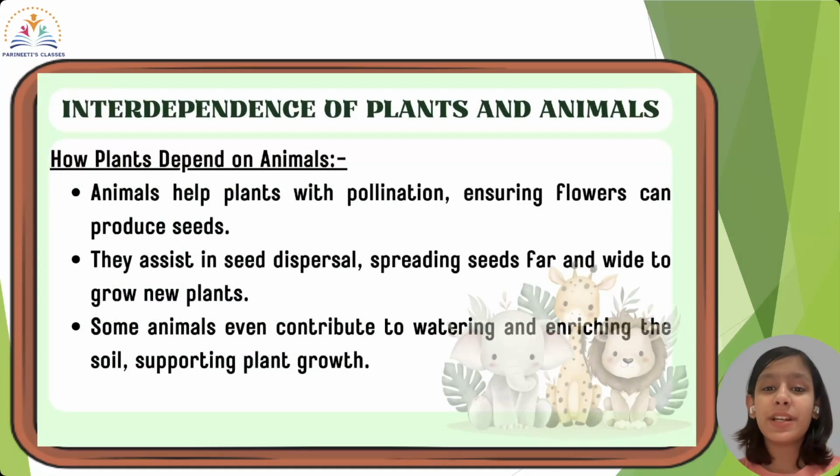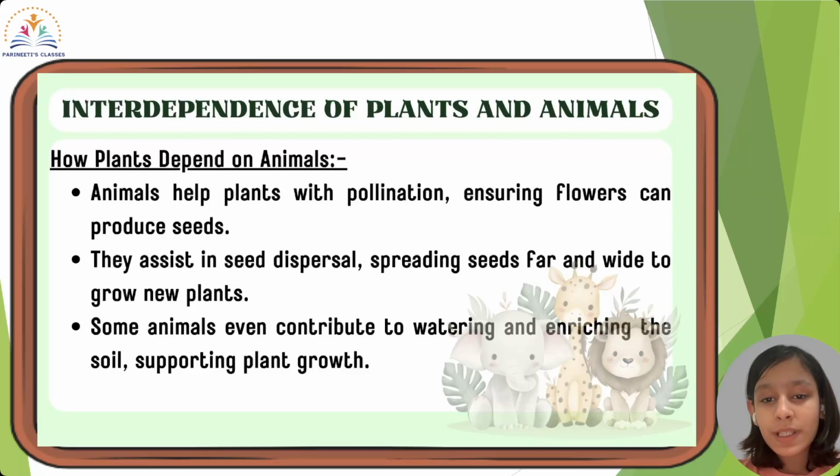So plants depend on animals. Animals help plants with pollination, ensuring flowers can produce seeds. They assist in seed dispersal, spreading seeds far and wide to grow new plants.